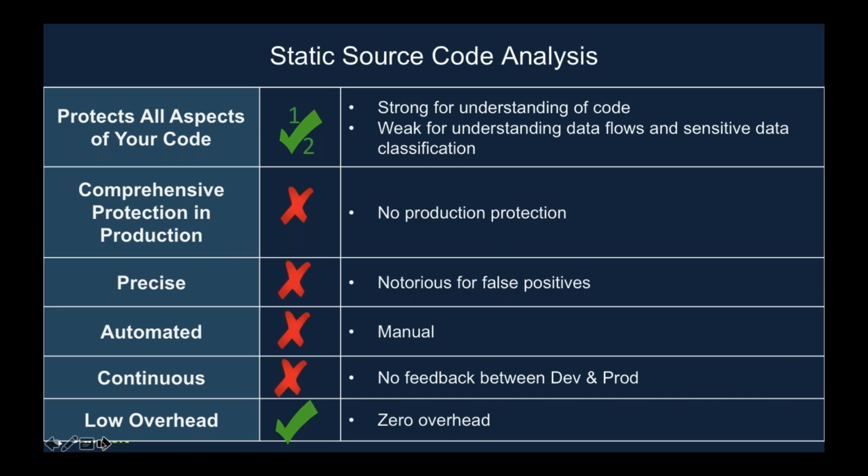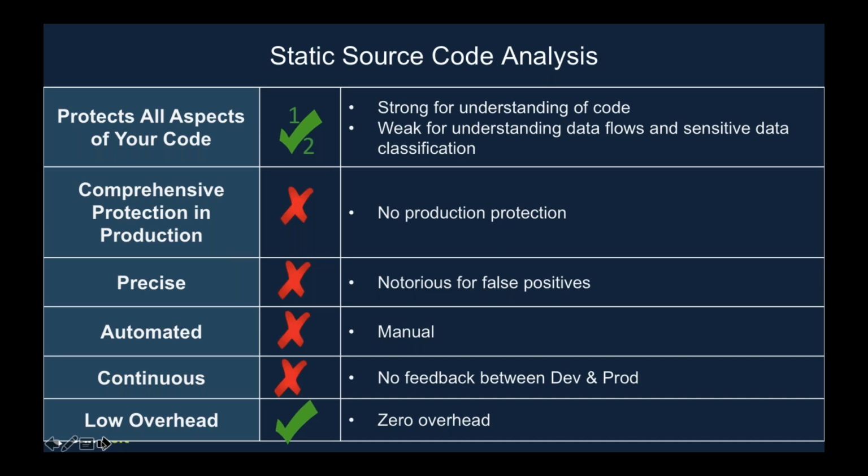Comprehensive protection in production. Again, source code analysis is primarily understanding your code. There is absolutely no connection to the runtime or the production environment. So you don't really get comprehensive protection in production, especially from zero-day or unknown vulnerabilities. Being precise is one of the things where we suffer a lot with source code analysis. Over 80% of the solutions suffer from false positives.